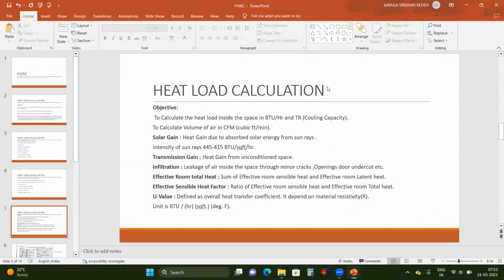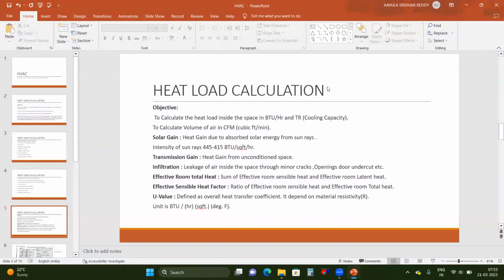One will be tonnage, TR, which we can also take in BTU per hour. 1 TR equals 12,000 BTU per hour. Also we will get the volume of air in CFM, cubic feet per minute. These two we will get by doing heat load calculation.